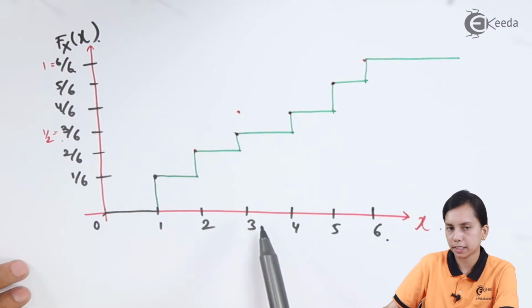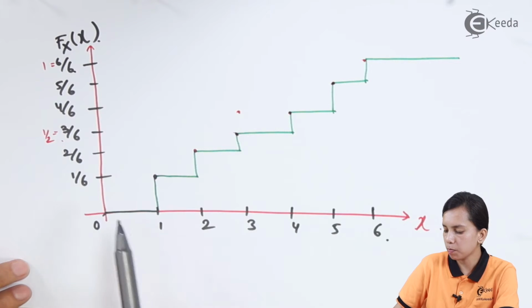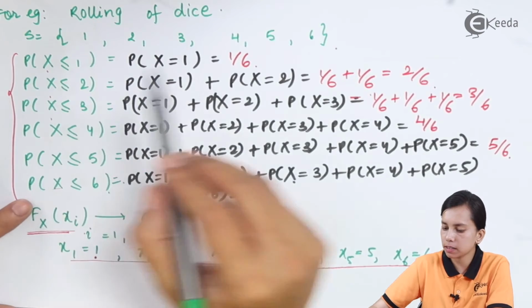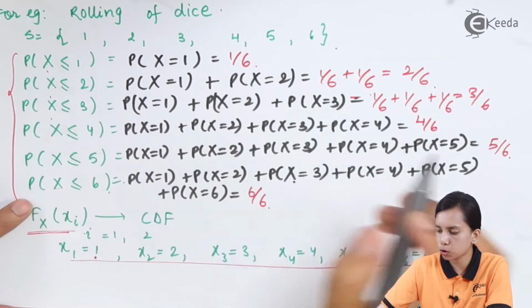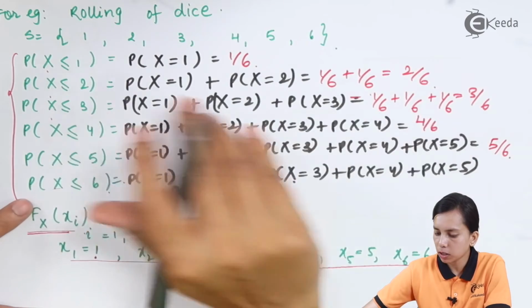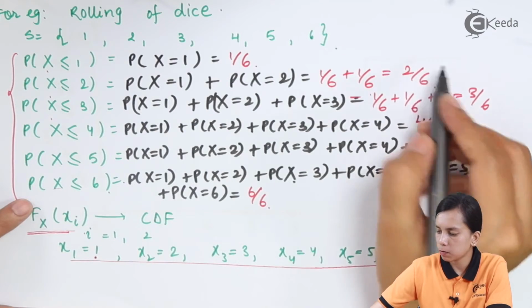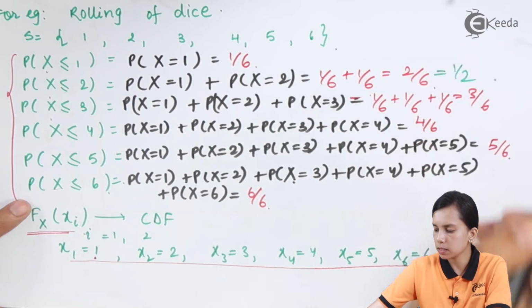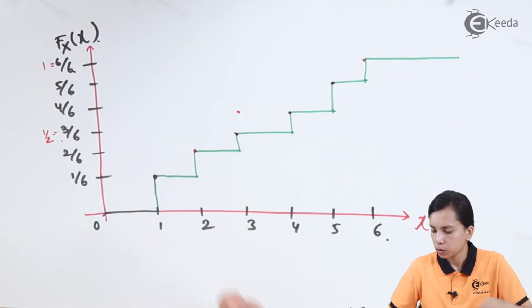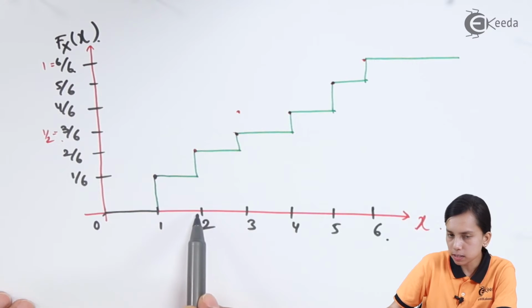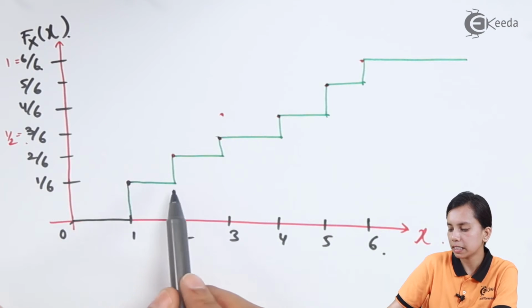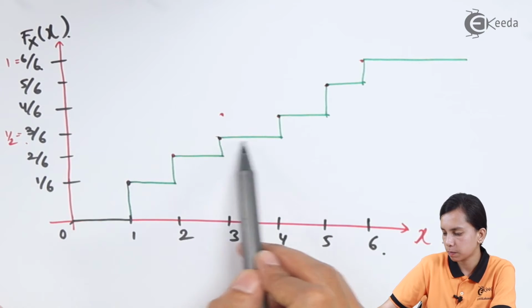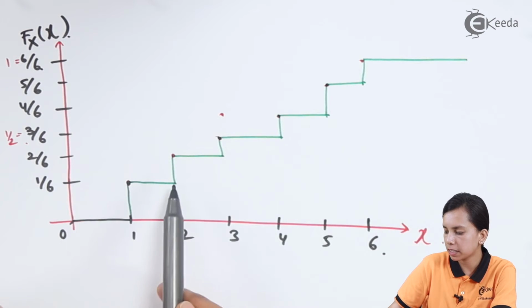This is what we are getting, a staircase form. When x is less than or equal to 2, that particular probability is equal to 2/6, that is 1/3. And this is what we are getting in the form of a staircase. The function is increasing.